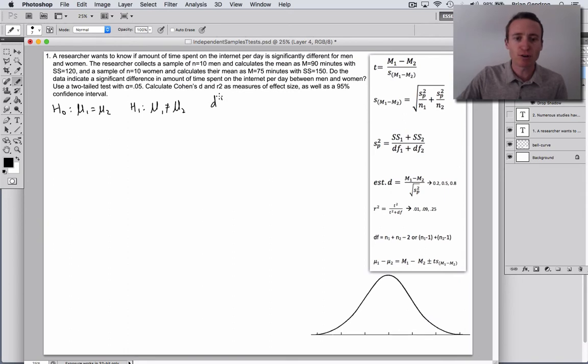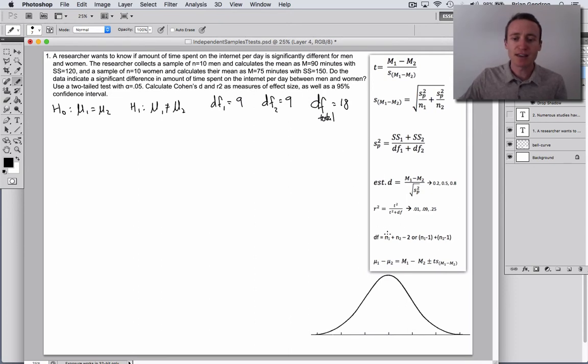For the first group, the men, degrees of freedom is 10 minus 1, which is 9, and the degrees of freedom for the second group, women, is also 10 minus 1. There are 10 people in each group, so 10 minus 1 gives me 9 degrees of freedom in both groups, and therefore degrees of freedom in the entire study, which I call total, is 18.